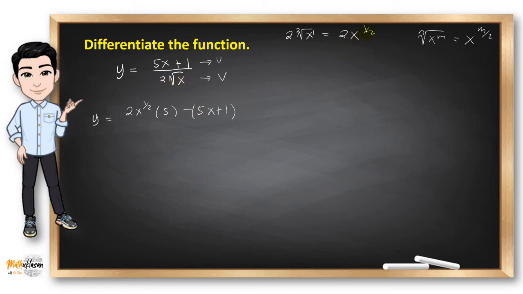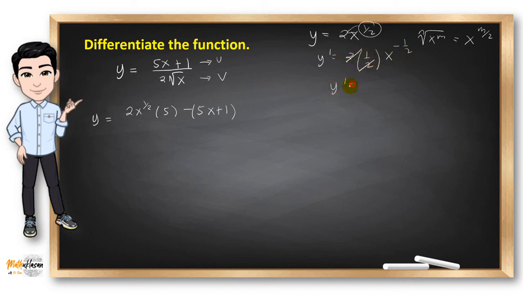Ayan o. So, pag kinuha natin by general power rule, assuming ito yung y natin, y prime yan is equal to yung exponent mo multiply sa coefficient. Diba? And then, yung x raised to negative 1 half kasi 1 half minus 1 is negative 1 half. So, ito, makakancel itong 2 dyan.